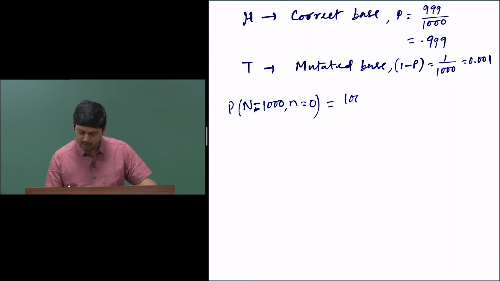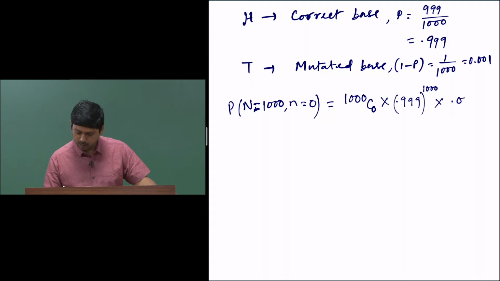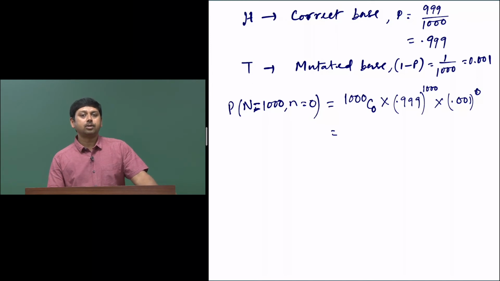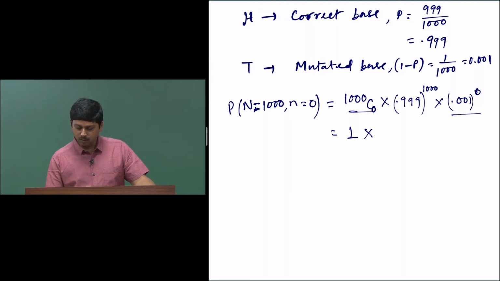Of course, it is 1000 C 0, p to the power n, which is 0.999 to the power 1000, and 0.001 to the power 0. So, 1000 C 0 is 1000 factorial by 1000 factorial and 0 factorial, which is just 1, and 0.001 to the power 0 is of course 1.